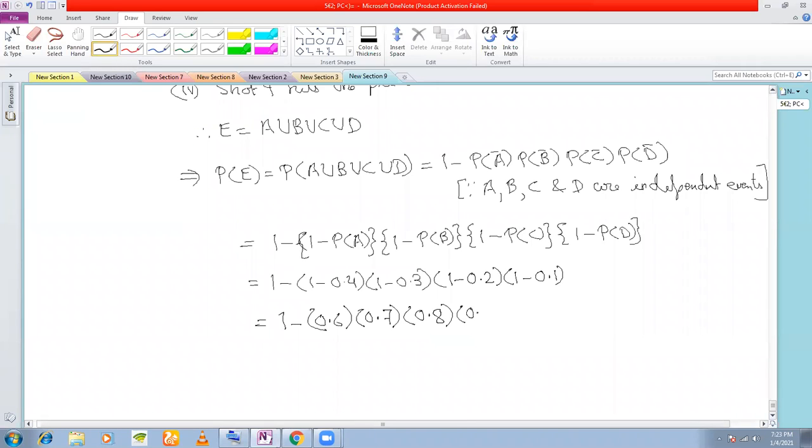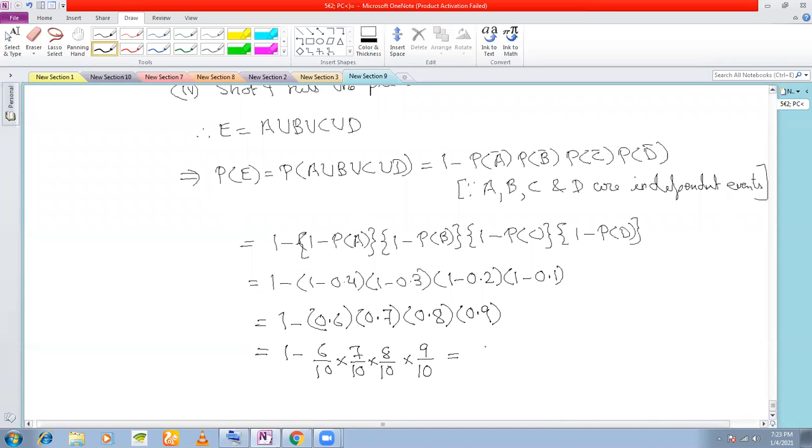And 1 minus 0.1 is 0.9. So you will be able to calculate this: 1 minus 6 by 10 into 7 by 10 into 8 by 10 into 9 by 10.